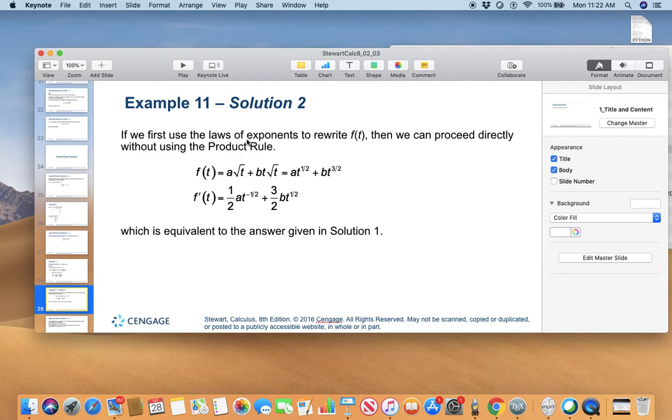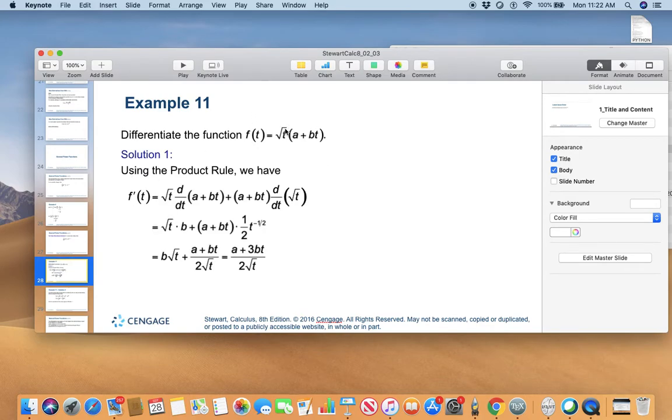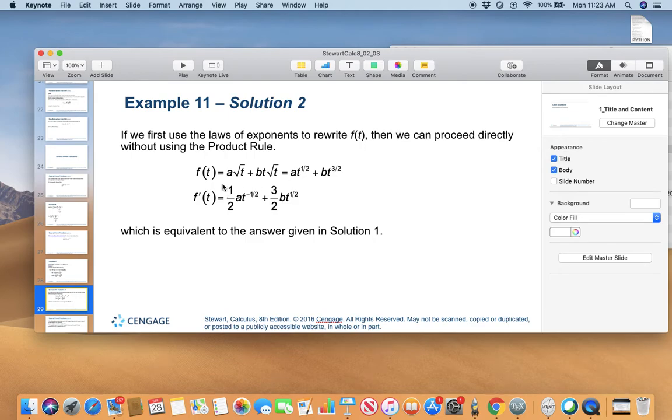Likewise, use the laws of exponents to rewrite. You could have done this differently. First multiply it out. Now here, t times root t is t to the 3 halves, and a times root t is a t to the half.